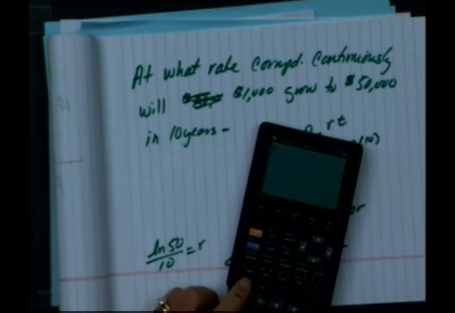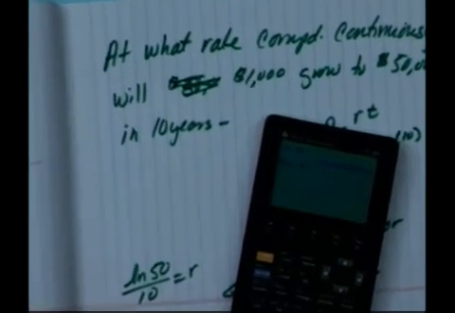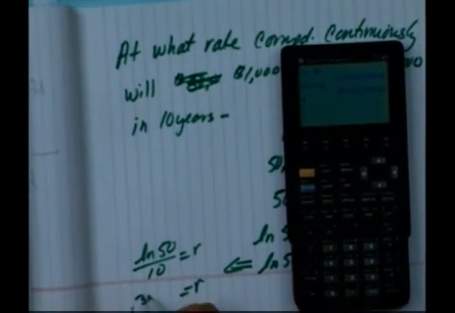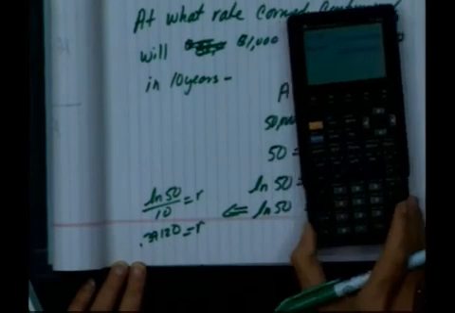Okay, natural log of 50 divided by 10, and that gives me that r is 0.39120. How do you change that to a percent?